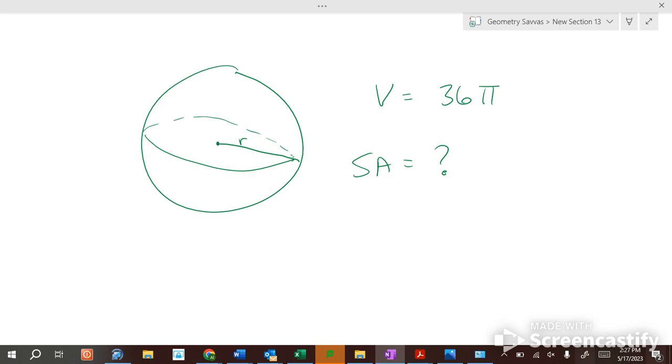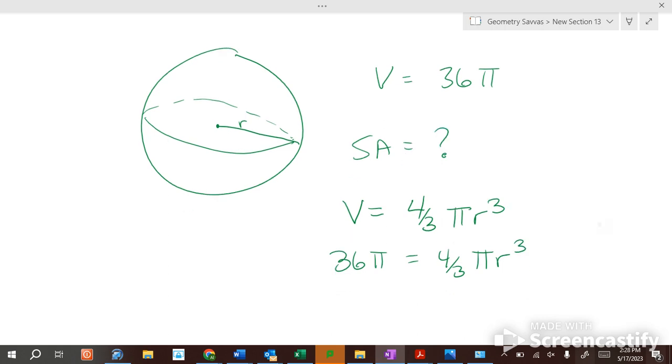How in the heck am I going to get to the radius here? Well, I know the volume formula is 4/3 pi r cubed.